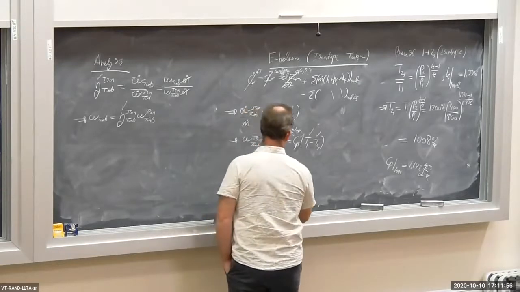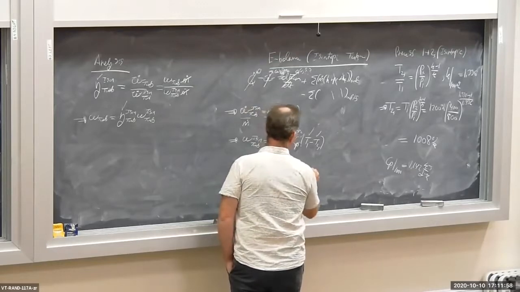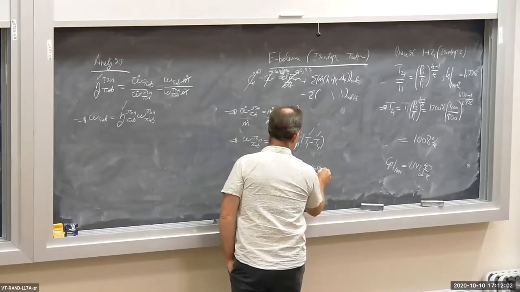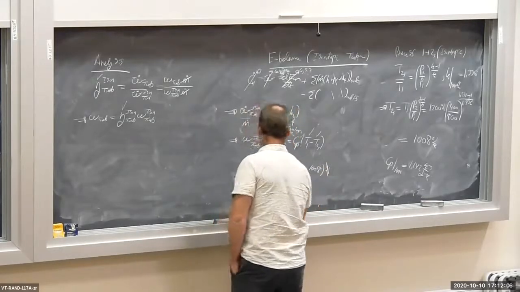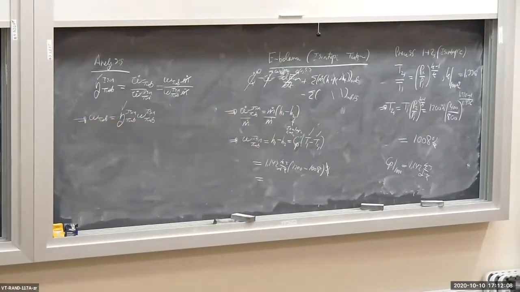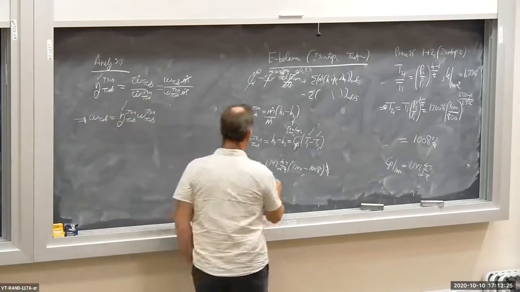Temperature T1 is 1,200 degrees, and T2 sub S is 1,008 Kelvin. The Kelvins cancel out, and I get kilojoule per kilogram, and I get the isentropic work for the turbine is 219.3 kilojoules per kilogram.